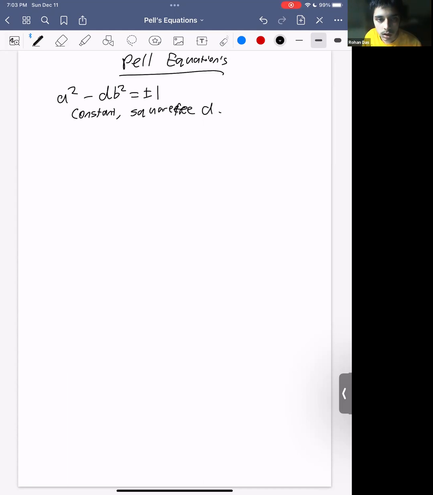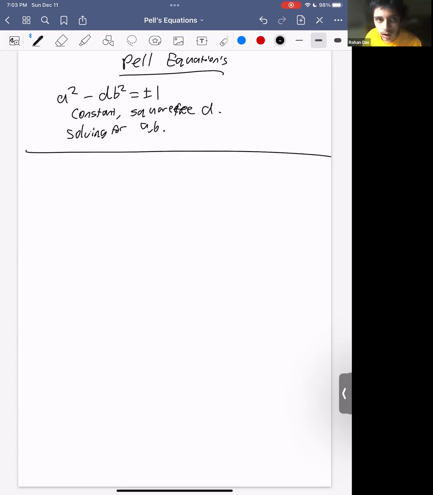And this can be negative, but it doesn't matter because the solutions there are just going to be a equals 1 and b equals 0. So we're only going to consider positive d. And square free means that no perfect square divides it except for 1. And here we're solving for a and b.